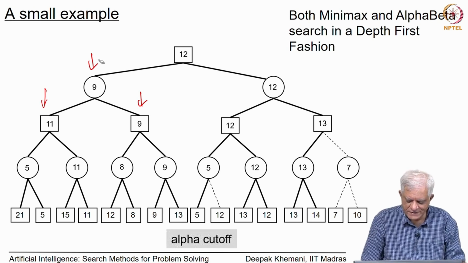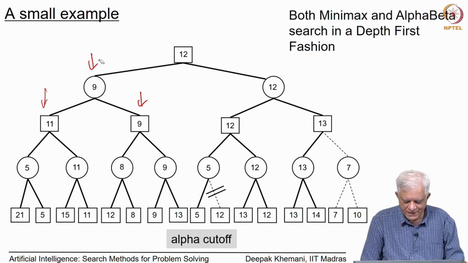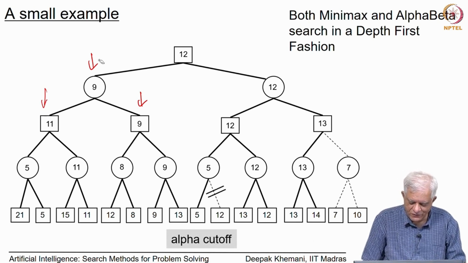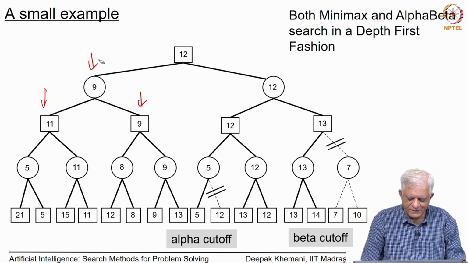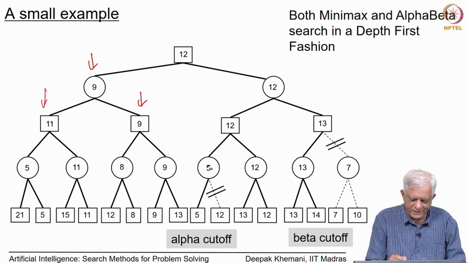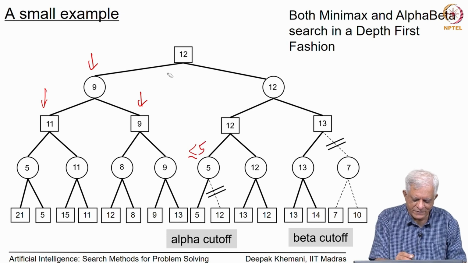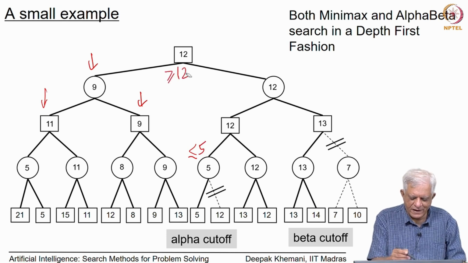An alpha cutoff has appeared below the beta node 5, whose value is 5. So, this is going to be less than or equal to 5, and this alpha has said it is going to be greater than or equal to 12, and alpha is not going to be interested in this beta node.